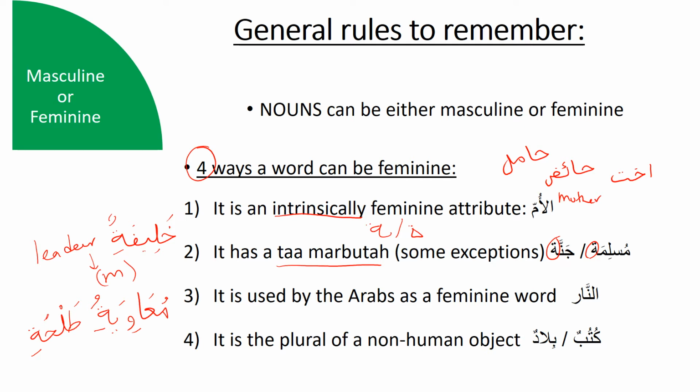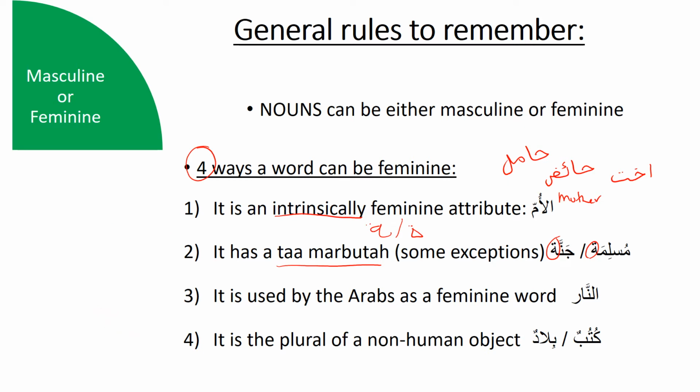So there are some exceptions. Whenever the meaning of a word is actually masculine, even though it has a ta marbuta on it, we consider it as masculine. But that's the exception, and the general rule is that usually if there is a ta marbuta on a word, then it's probably going to be feminine, unless the meaning states otherwise.